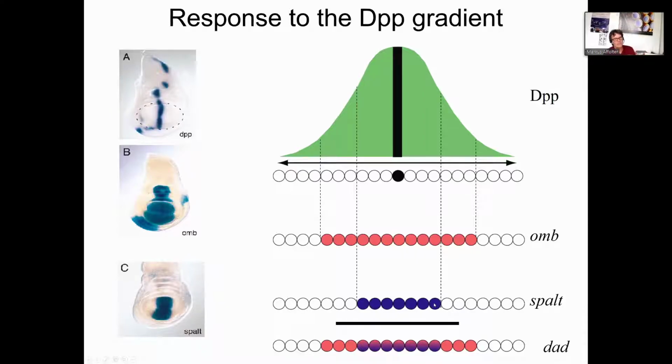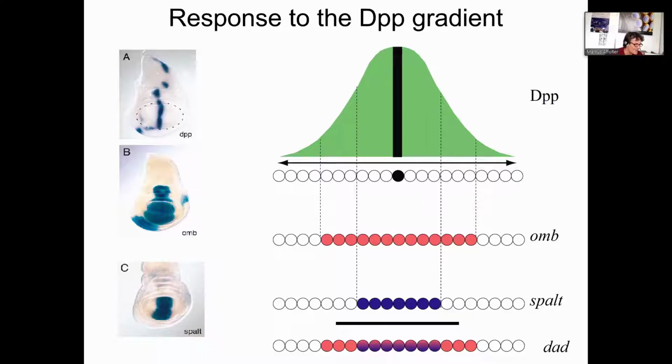But now think about Brinker. Didn't we just say that actually the whole system works very differently? It's actually Brinker that counts. For 10 years or so, we thought it's the MAD SMAD levels that are interpreted on OMB. We tried to map SMAD binding sites on OMB, but we didn't find any. And the ones we found, we mutated them, there was no effect.